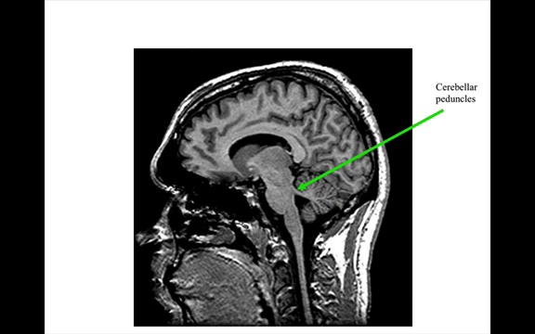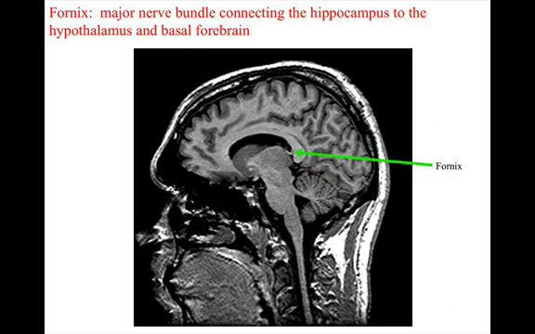The nerve bundle carrying information from the cortex down to the cerebellum has about 20 million fibers. In other words, it's smaller than the corpus callosum, but still a lot larger than the communication between the eyes and the brain. The fornix is another major nerve bundle. It connects the hippocampus to the basal forebrain and to the hypothalamus. The fornix has about 1 million axon fibers and is very important to memory.